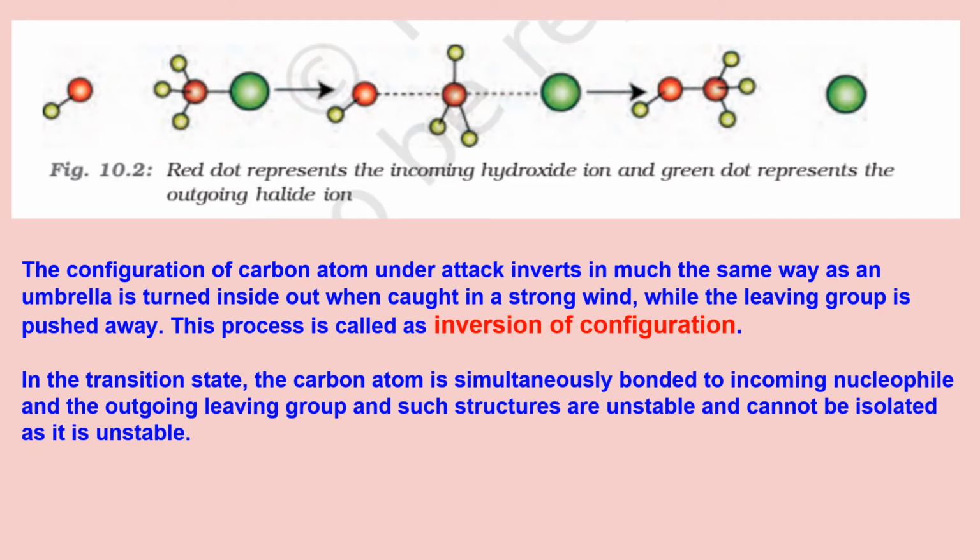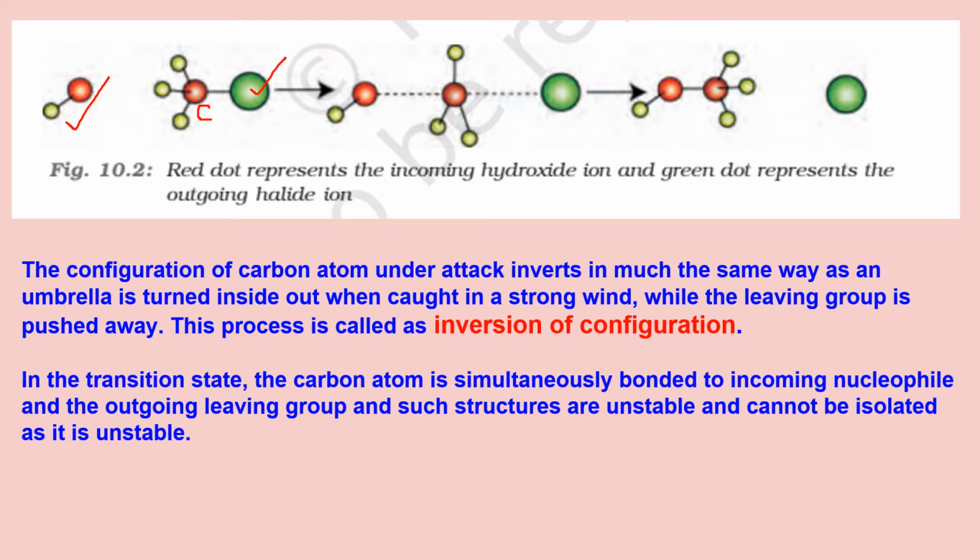This figure has specially been taken from NCERT with due credit, because they have explained in a beautiful manner the same reaction which I just explained using SN2 mechanism, that this is the nucleophile which is approaching, and this nucleophile is coming on this carbon which is having this electron rich species attached to it, like Cl was there in the previous slide.